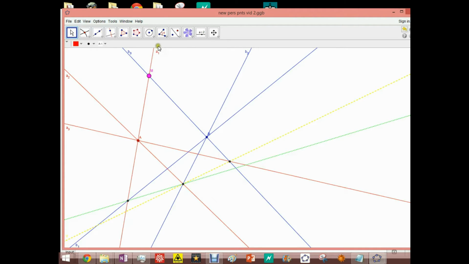What about A1? Well, A1 just goes straight down to the yellow line and it just bounces straight off it. So that just basically means that, as last time, M1 is equal to A1.